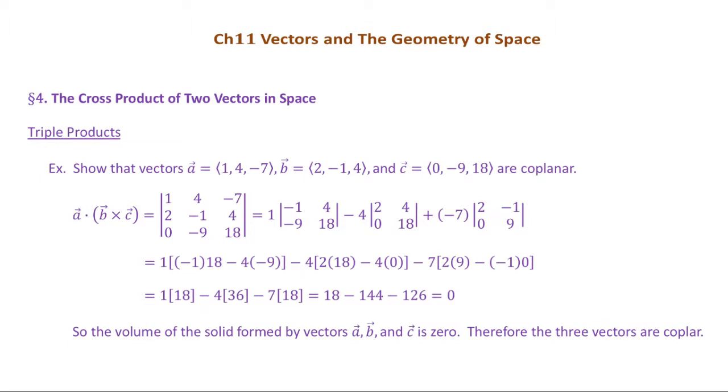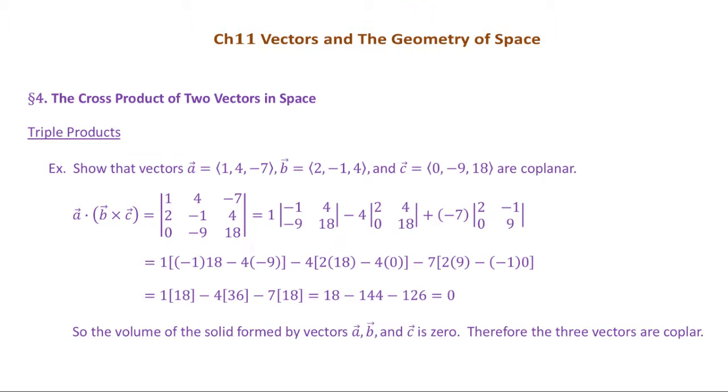If you still remember how to compute the determinant of the matrix, you can expand this determinant by the first row. So you take 1 times the determinant of the 2 by 2 matrix negative 1, 4, negative 9, 18. This matrix comes from deleting the first row and the first column.